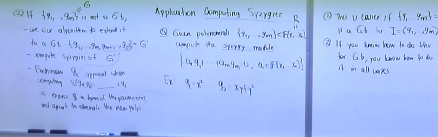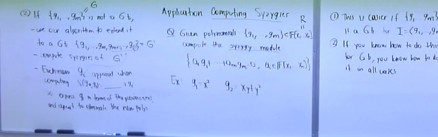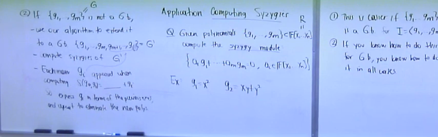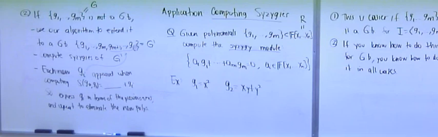So minus xy plus y squared e1 plus x squared e2 generates all syzygies in this example. Okay.